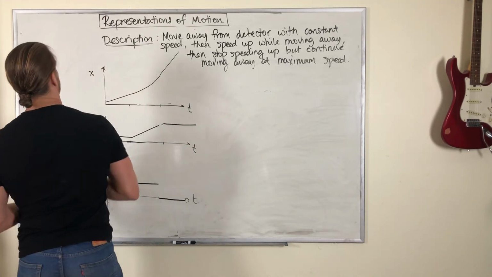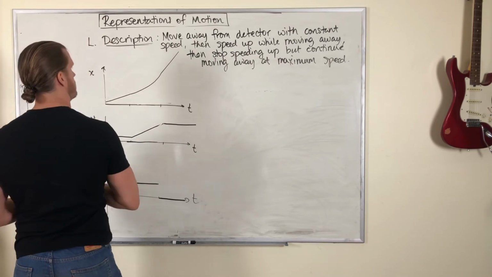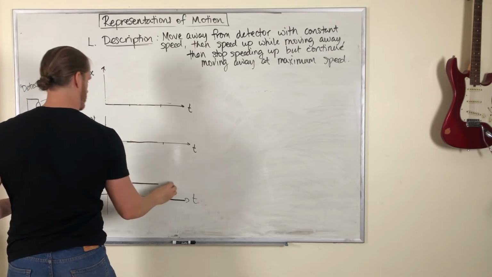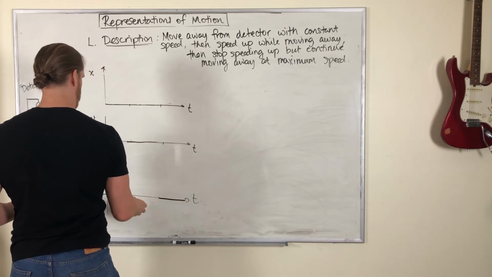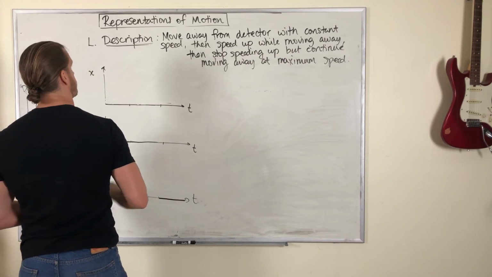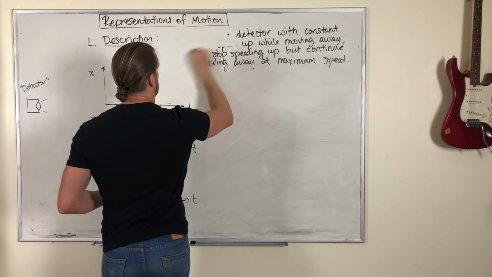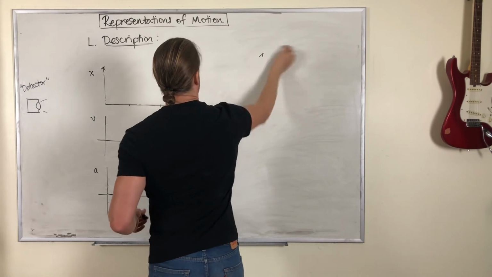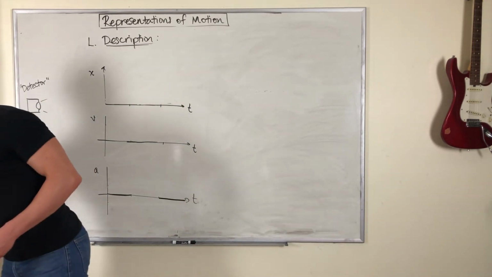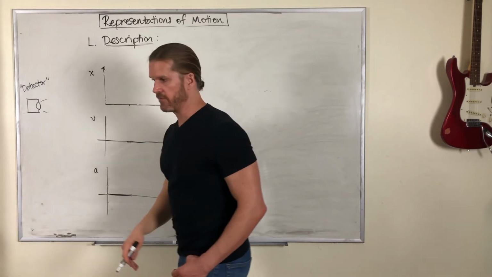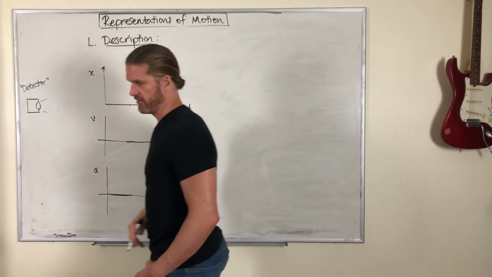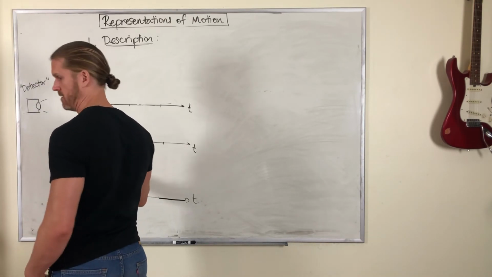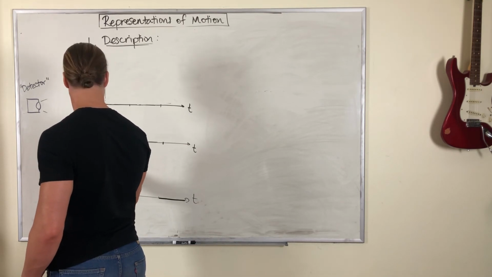Okay, part L. Part L gives you just a velocity graph. And it looks like this.